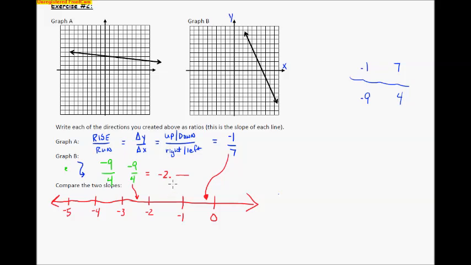And it actually comes out to be negative 2.5, but that's neither here nor there. So looking at the number line, it looks like the negative 9 over 4 would actually be a smaller slope, because it's more left on the number line, but that's really not how we look at slope.